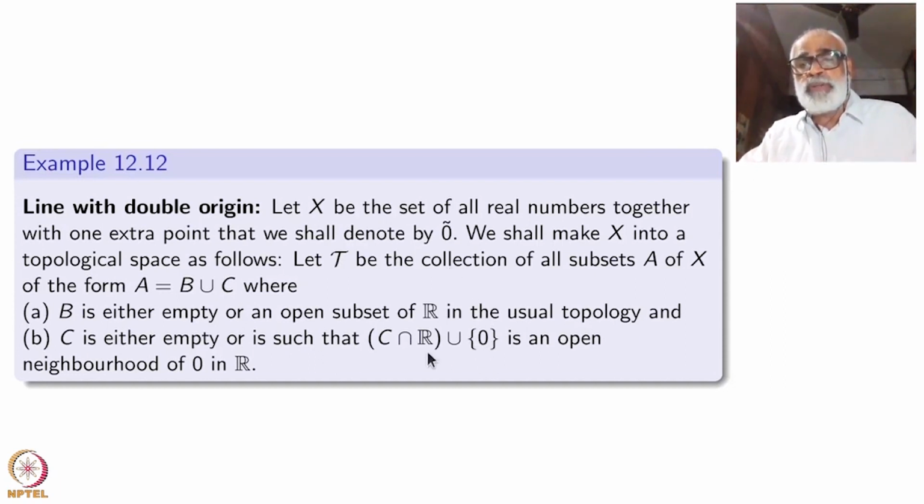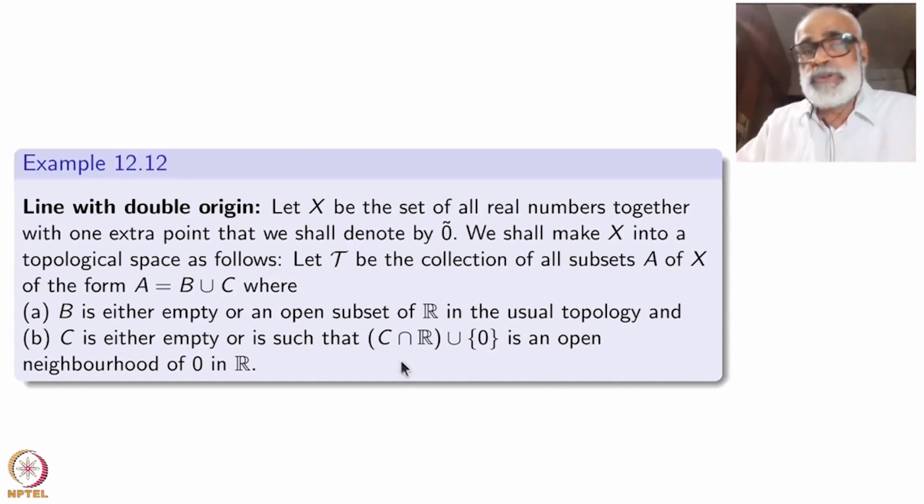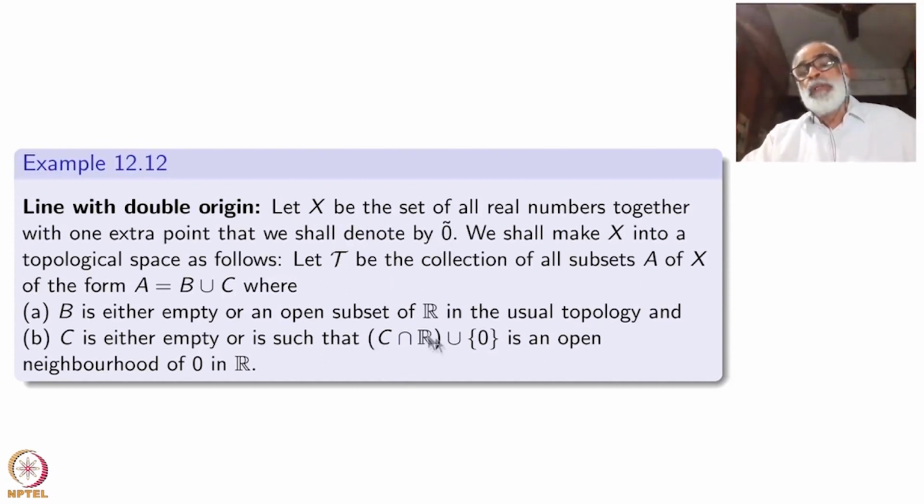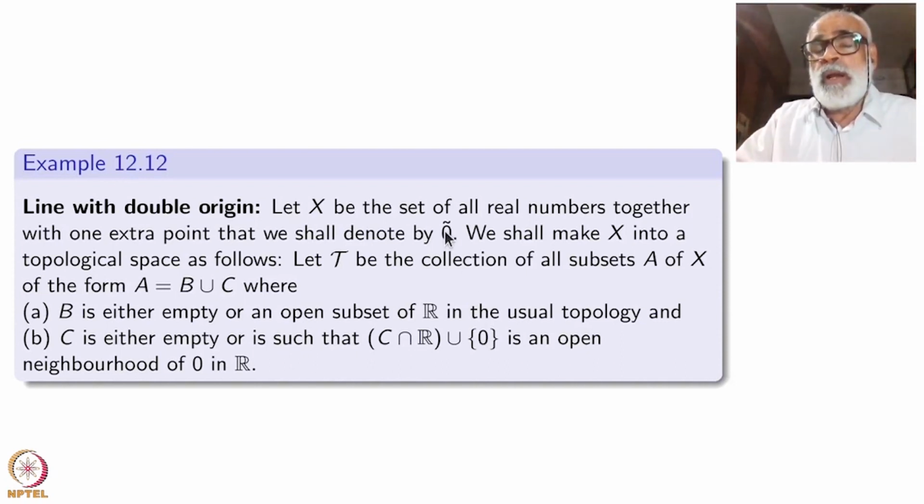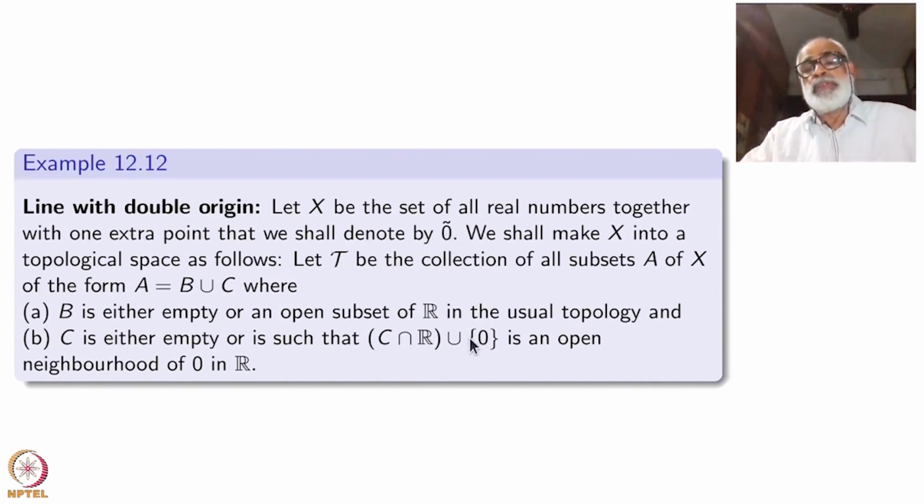This neighborhood is some open subset; you throw away that point and put back this point, 0 twiddle. That will become a neighborhood of 0 twiddle, and vice versa. Therefore 0 and 0 twiddle cannot be separated by open sets, but they are different points. So this is why it is called the line with a double origin.